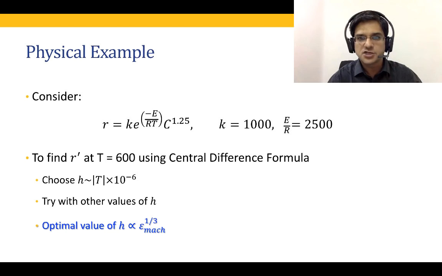At the end of that lecture, I had suggested that as a practice, you could try to solve this problem for various different values of h. In today's lecture, we will spend a few minutes looking back at that same example, modifying it to choose different values of h and obtain the optimum value of h that we need to use.